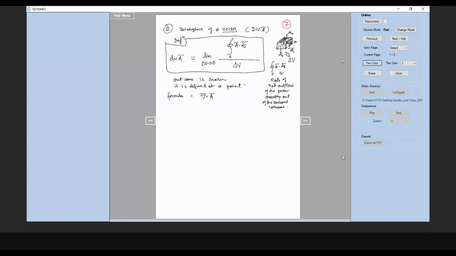So suppose A vector is equal to Ax a cap x, Ay a cap y, and Az a cap z.